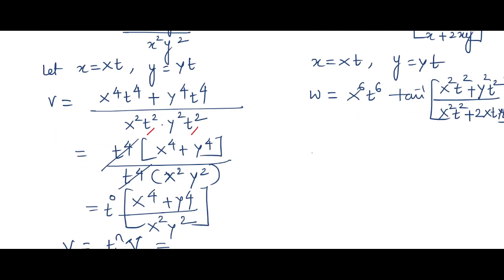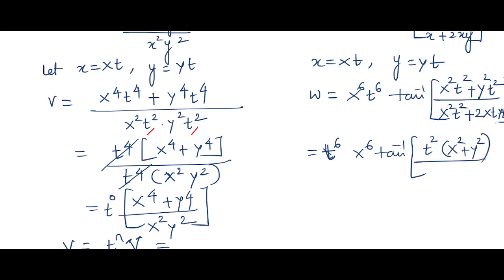So here we'll write first t⁶, then x⁶ tan inverse of, from the numerator we can take t² common. The remaining term is x² + y².